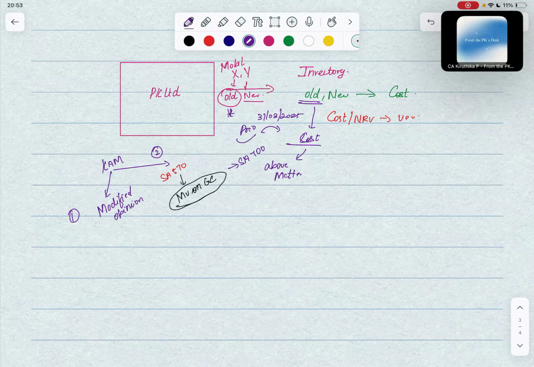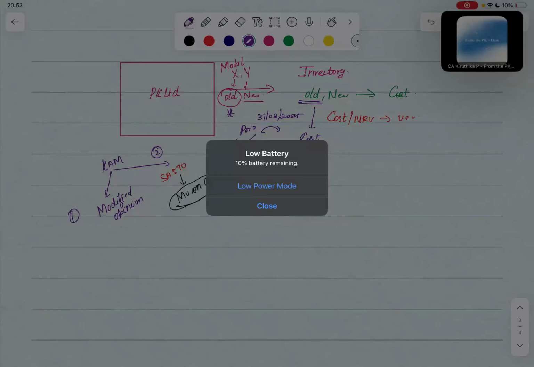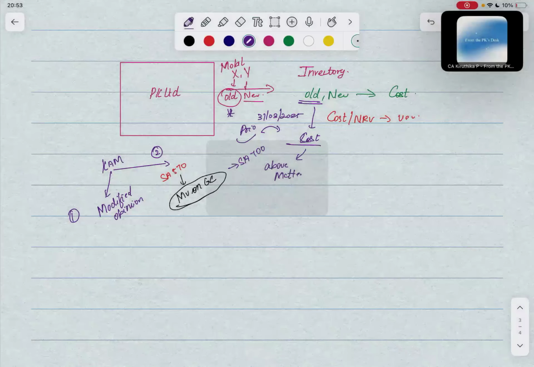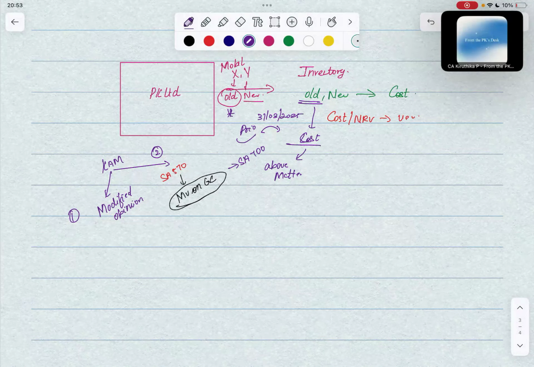So in that case, can I say that I'm including this in key audit matter and I'm not going to include the material uncertainty on going concern para in the audit report? No, right? Because the MU on GC para has been specifically included in the audit report so that we can bring the attention of the user specifically to anything which is going to affect the going concern. That's the reason why we have material uncertainty on going concern.